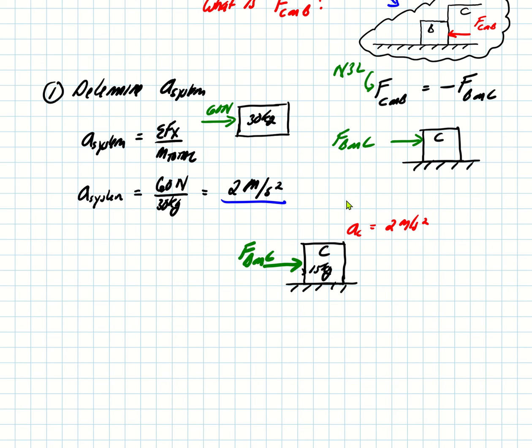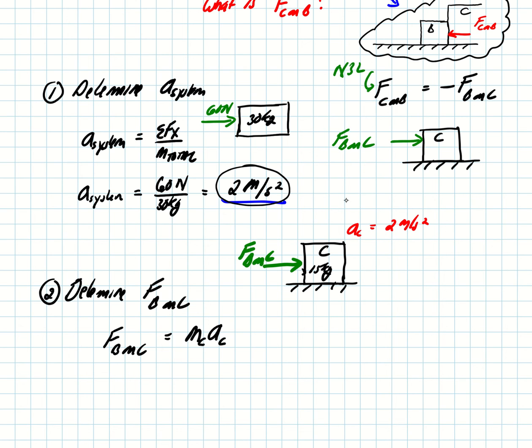I'll say one more time, we're doing exactly the same thing as we did on the previous problem. Now, Newton's second law. Let's determine the force of B on C. Well, the force of B on C is going to equal the mass of C times the acceleration of C, which is going to be equal to the acceleration of our system.